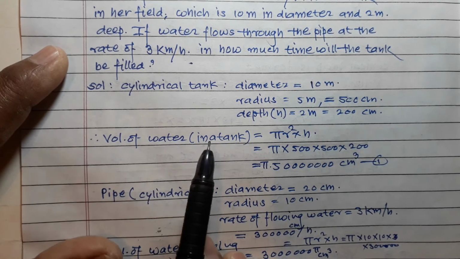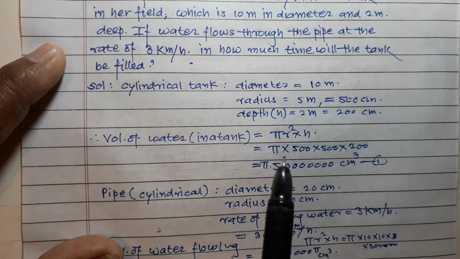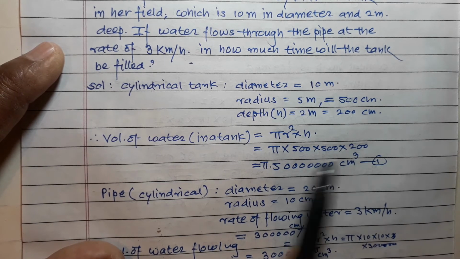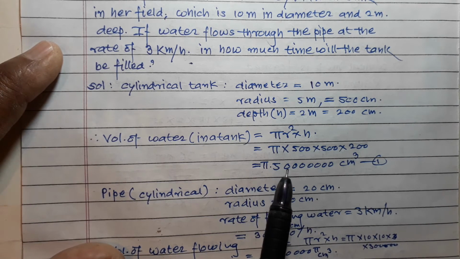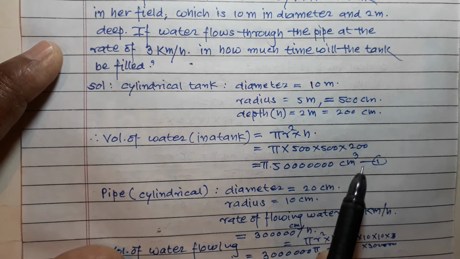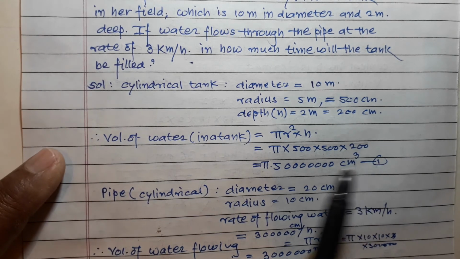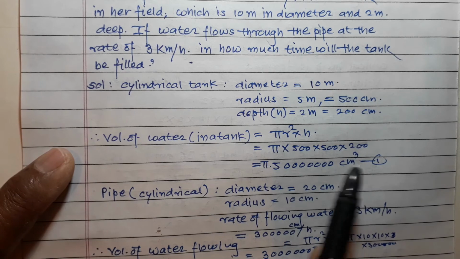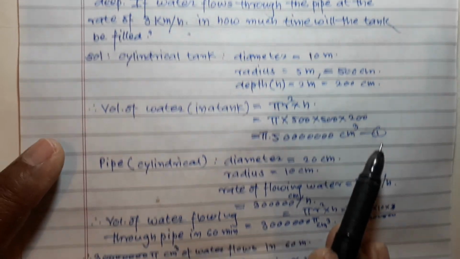So volume of water in tank is equal to pi r square into h, pi into 500 into 500 into 200, and that gives you pi into 50000000 cm cube. Statement number 1. Okay, I convert all this into centimeter because I want to find the capacity of water in liter.